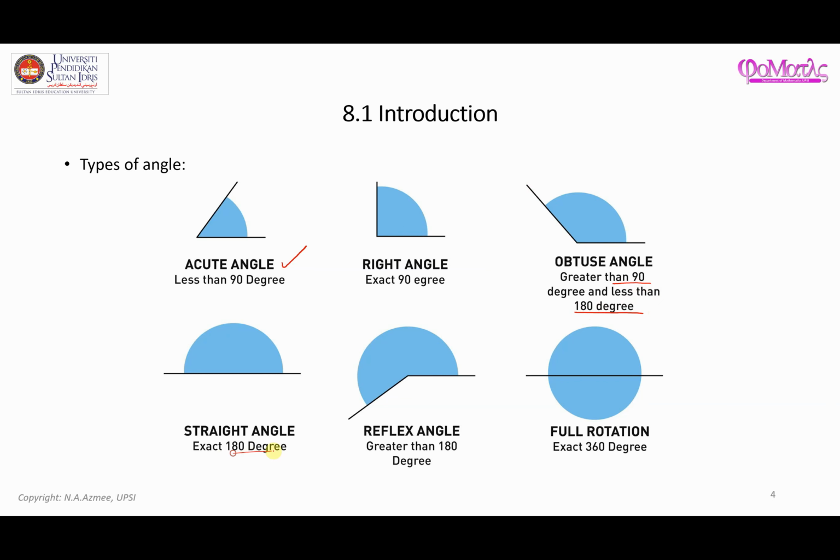When you have exactly 180 degrees, it is a straight angle. A reflex angle is an angle greater than 180 degrees. And a full rotation is when the circle is completed, so the degree is 360 degrees.